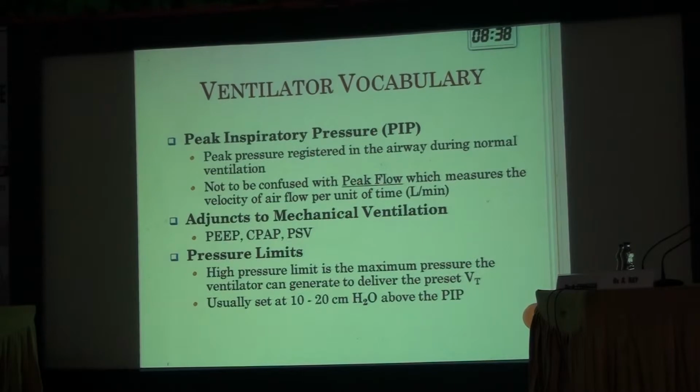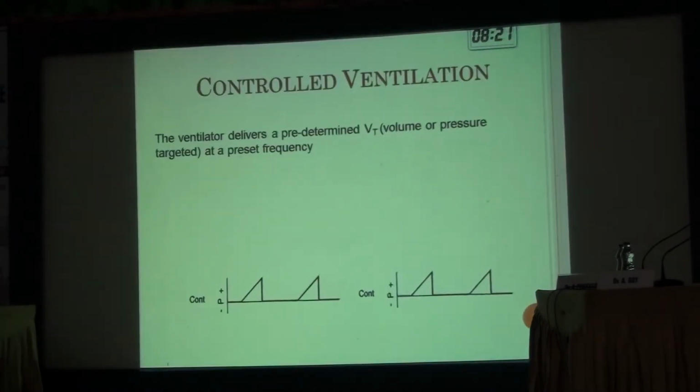These are the different adjuncts of ventilation by which different benefits can be given to the patients. The pressure limit is also important. A high pressure limit is the maximum pressure the ventilator can generate to deliver the preset tidal volume. So that is also important to set.